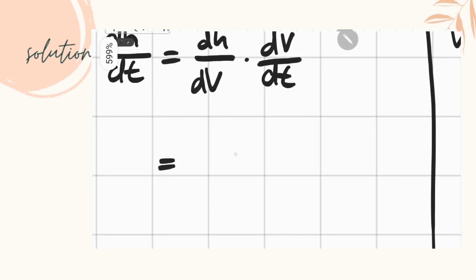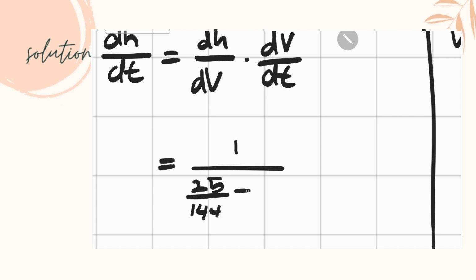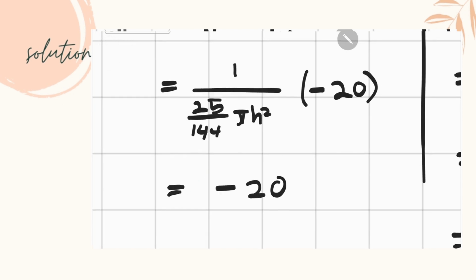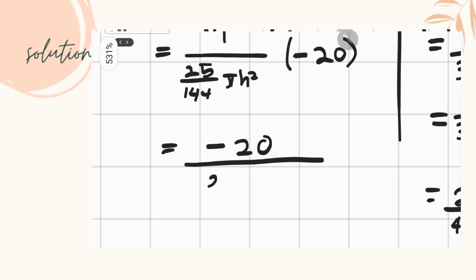Now, taking the derivative of this will give us 1 over 25 over 144 pi h square times negative 20. We will get negative 20 over 25 over 144 pi h square.